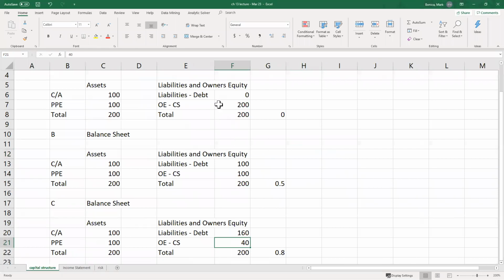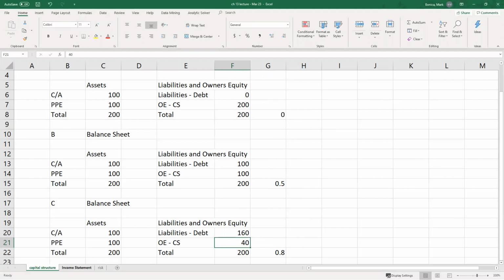So here, going back to our original example, we had an all equity financed capital structure, a 50-50 capital structure, and a 20-80 capital structure, right? So we had 80% debt, 20% equity. Here we had 50% equity, 50% debt, and here we had 100% equity, 0% debt. So why is it more appealing to maybe have some debt or maybe a lot of debt than it is to have 100% equity?